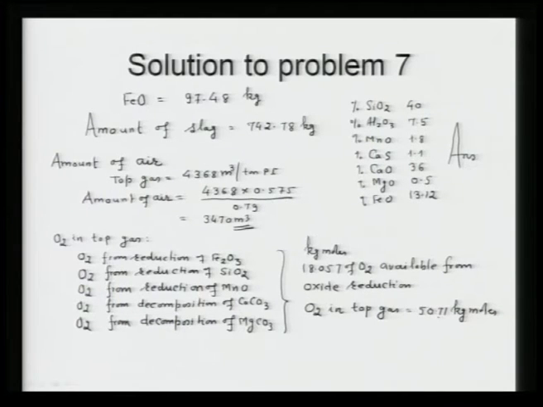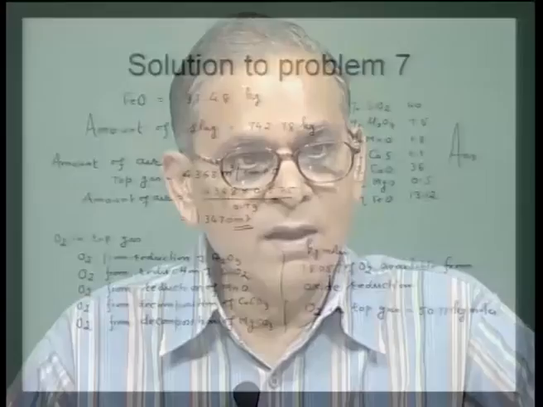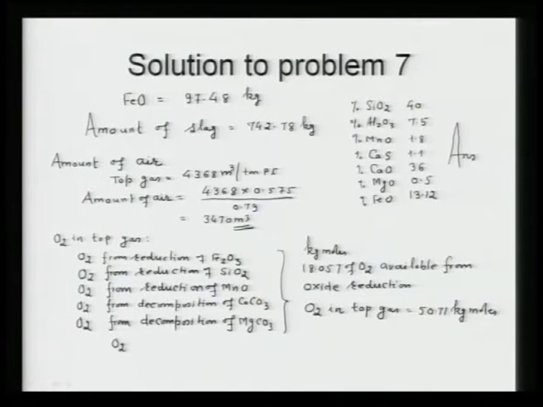You know the amount of top gas, that is 4368 meter cube per ton of pig iron. You convert into kg mole, 25% is CO, you calculate that amount and half will be that of oxygen. Similarly, 13.5% is the amount of CO2, multiply by the amount of top gas. So, you get the amount of CO2 and 1 mole CO2, 1 mole oxygen, sum total it, that value will be 50.71.